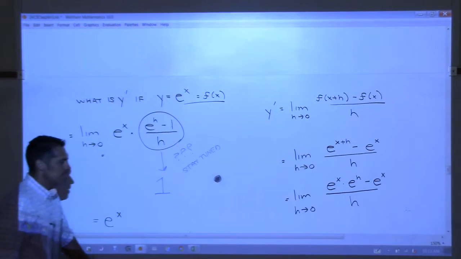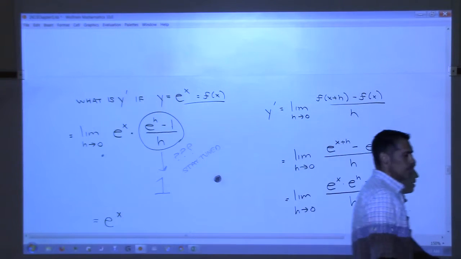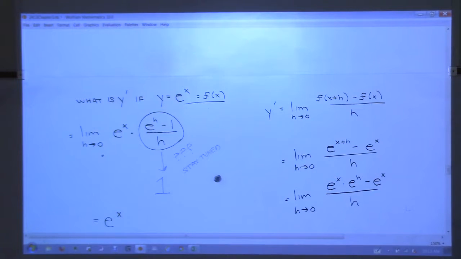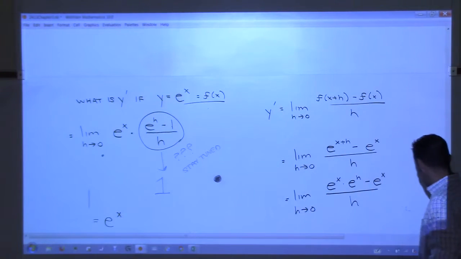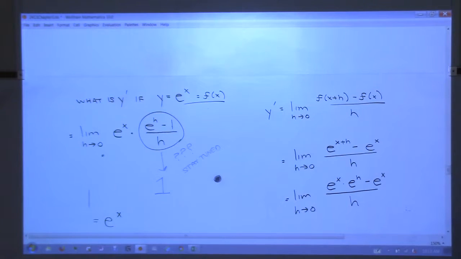And that means, amazingly, it is its own derivative. The derivative of e to the x is itself. And I hate giving you things where I can't prove that to you easily. I mean, there are some ways that we could try, but it would take too much time.